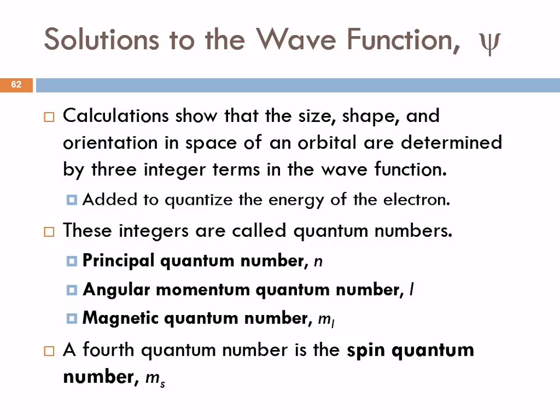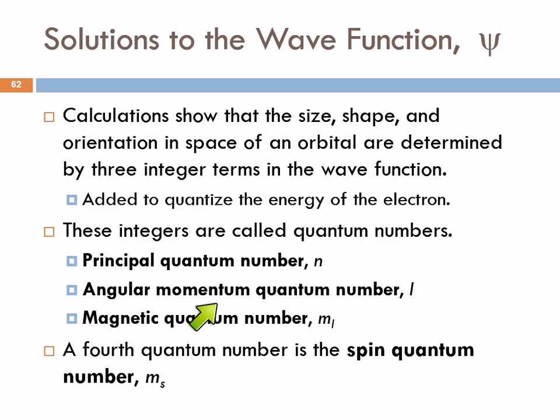We have observed that the energy of electrons is quantized. These are called quantum numbers. So the first three are integers. The fourth one is not an integer. So the principal quantum number has the symbol n.